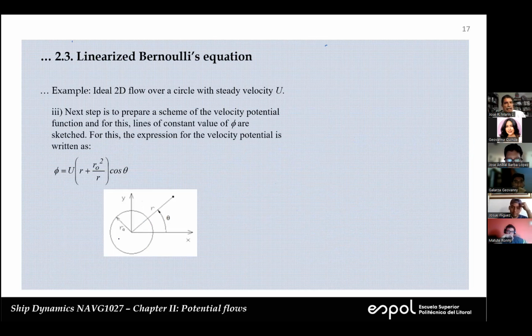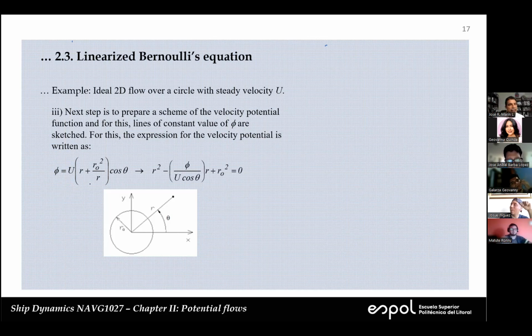Now, let's prepare a scheme of lines of constant velocity potential. So we have to draw in the domain lines where phi is constant. And the way I do it is this.